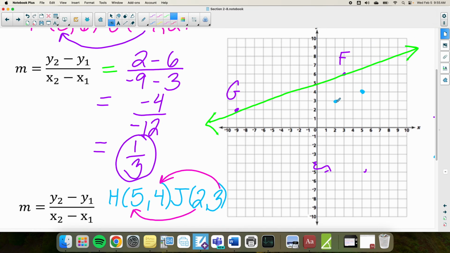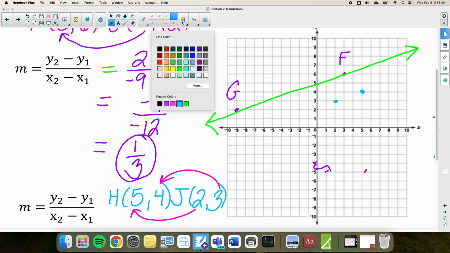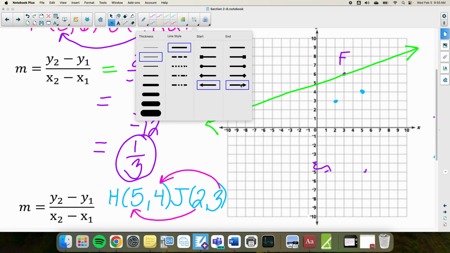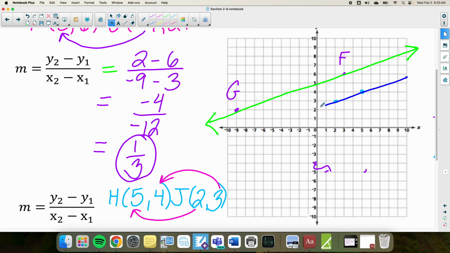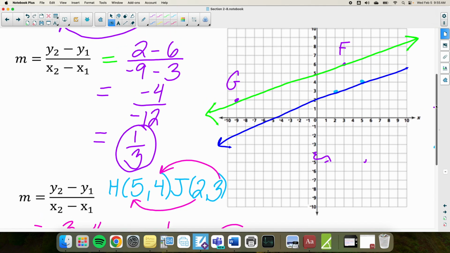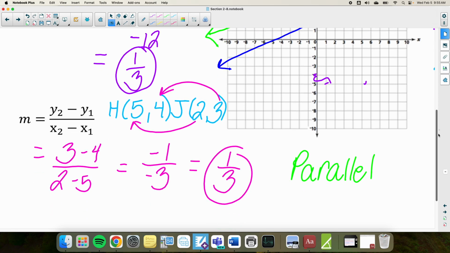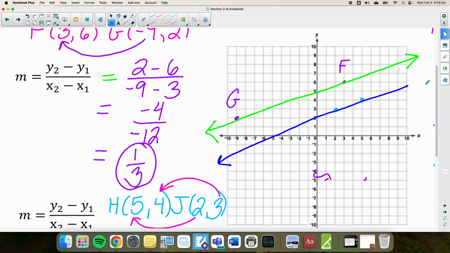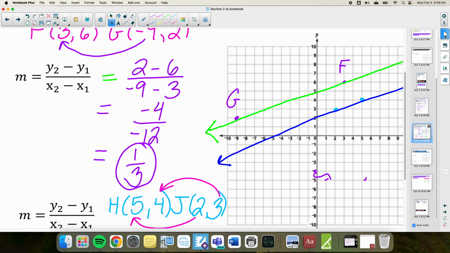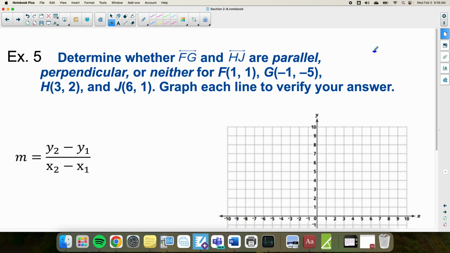And then we can plot that line. I'll try this again. I'm not sure it starts out right, but I don't know what I'm doing wrong. Okay, but do those kind of look parallel? Yep. Right?